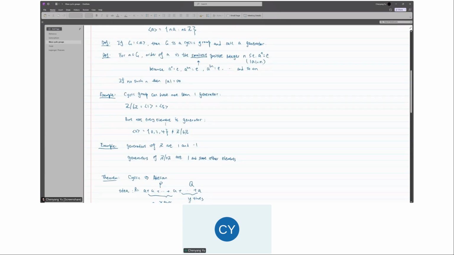Also, not every element is a generator. For example, 2 is not a generator because it only covers 0, 2, and 4, which is not Z mod 6Z, and it is only a subset of that. So 2 is not a generator. Generator can be 1 or 5. Generator is not unique, and not every element will be a generator.